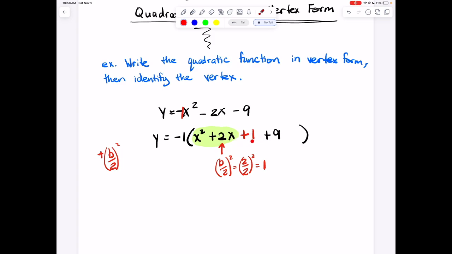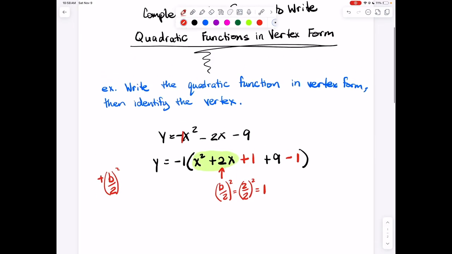We can't just add 1 and then live in a world where we just added 1. So we have to take it from that side. By adding 1 and then taking away 1, you didn't change the value of that expression at all. But we need to do that so we can get a perfect square right here.